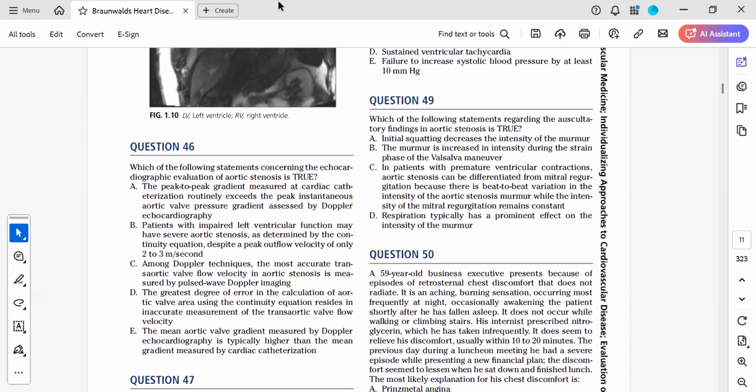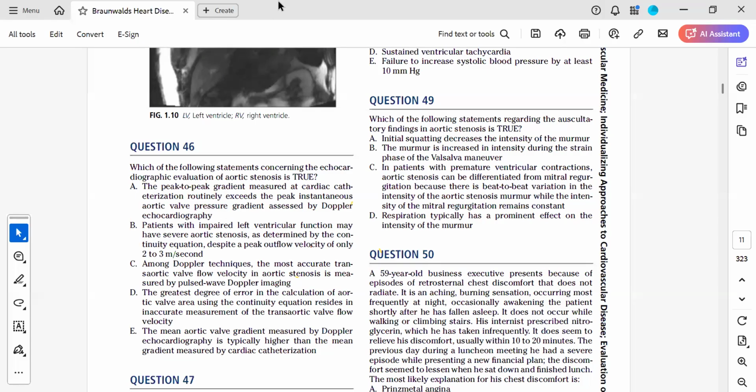So the first option, the peak-to-peak gradient measured at cardiac catheterization routinely exceeds the peak instantaneous aortic valve pressure gradient assessed by Doppler echocardiography. Usually they give similar readings, so it doesn't exceed it.